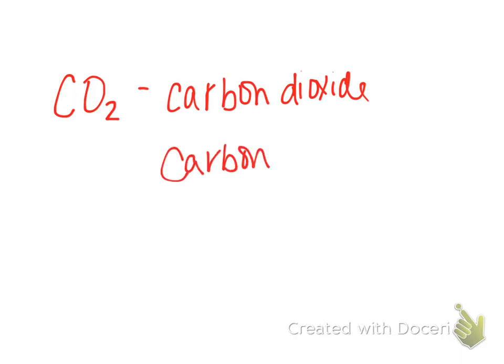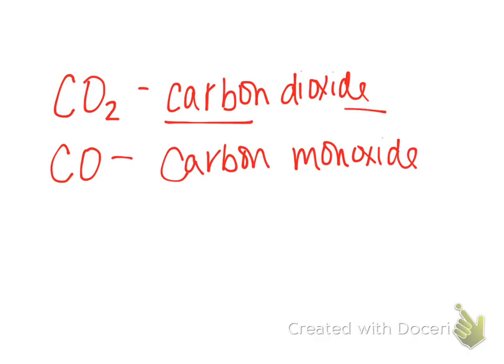Do we see a pattern here? What's the formula for carbon monoxide? It's just CO. Do we see the pattern? Here's the first, here's the second, and it has a prefix here. I'm going to give you the defined set of rules that go into it, but that's it.